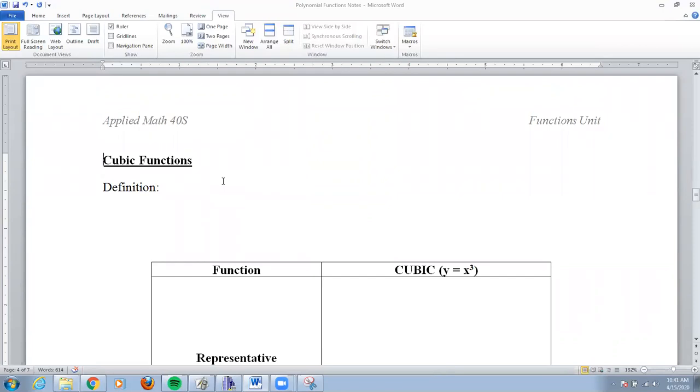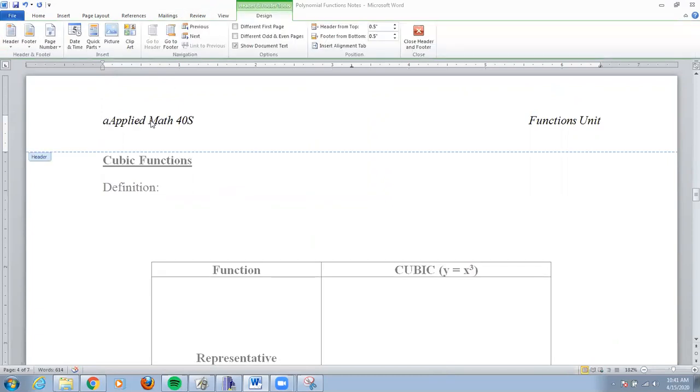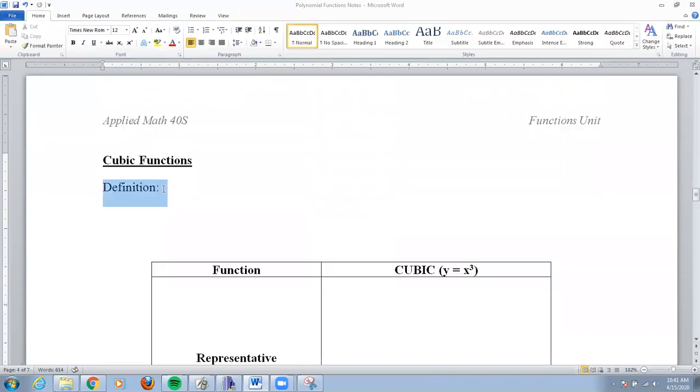So a cubic function is defined as a polynomial function of the 3rd degree.